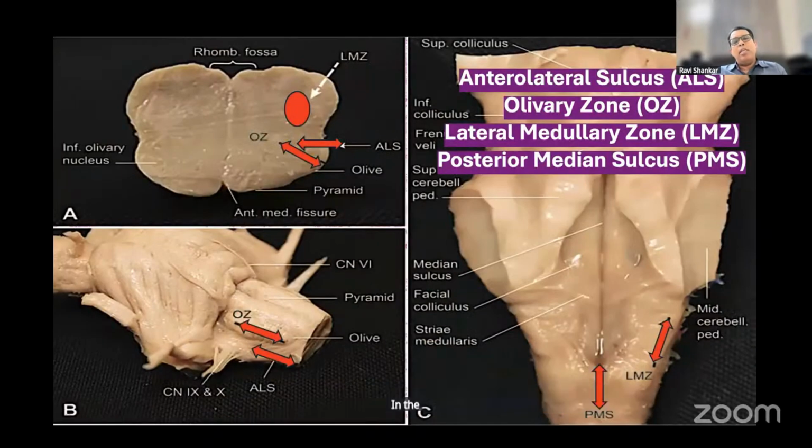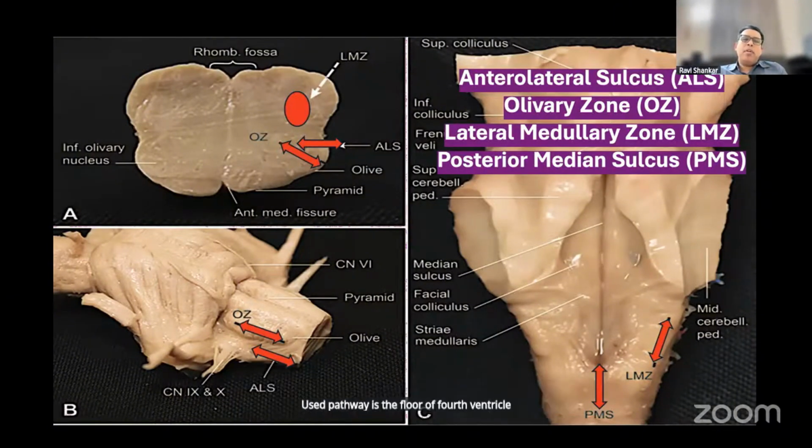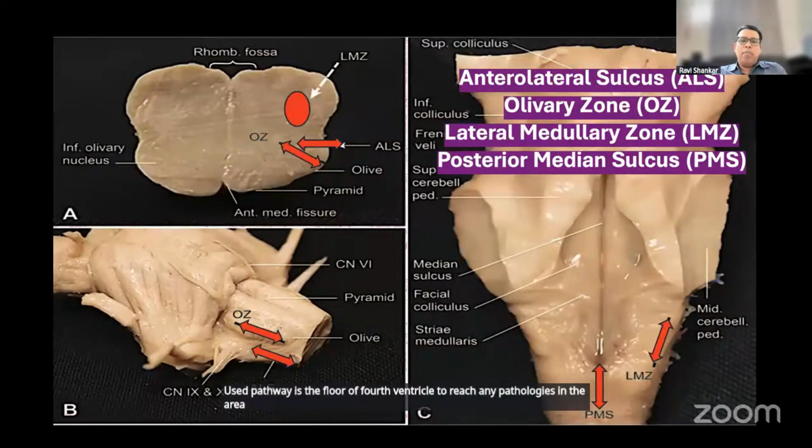In the medulla, you see that the most used pathway is the floor of the fourth ventricle to reach any pathologies in the area of the medulla.